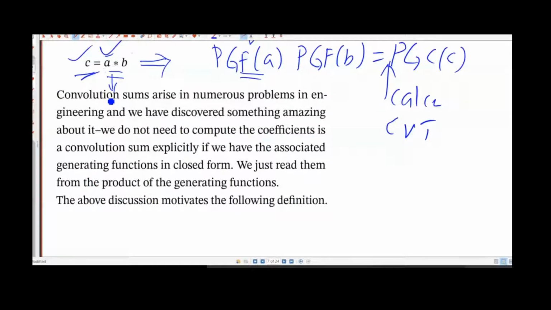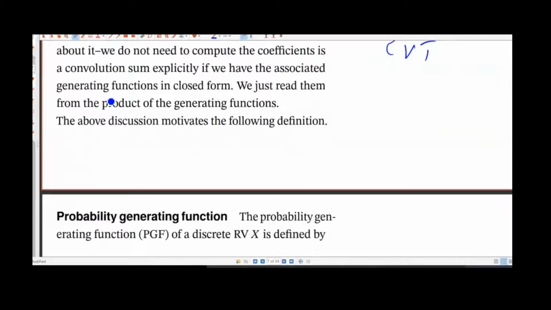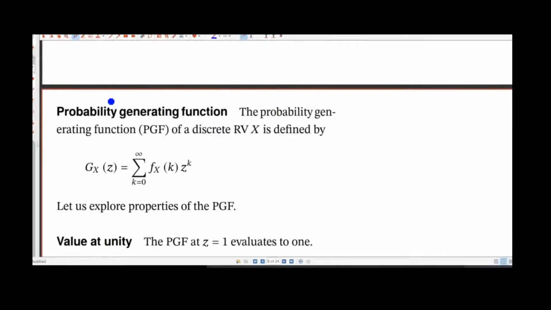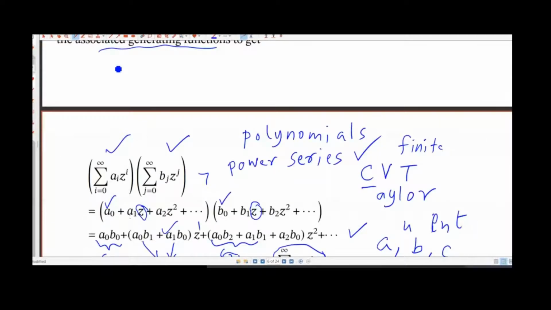But now I'll tell you how convolution arises in probability. Before that, let's have a formal definition of this new thing, because what we did so far was not specific to probability. I can have any sequence.